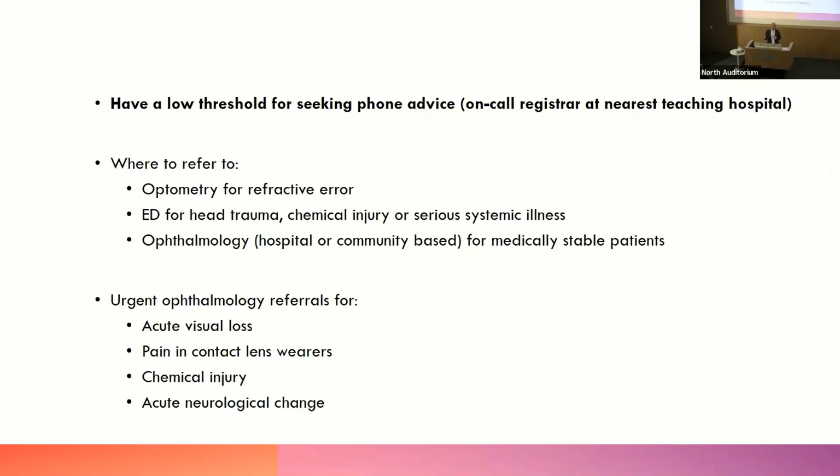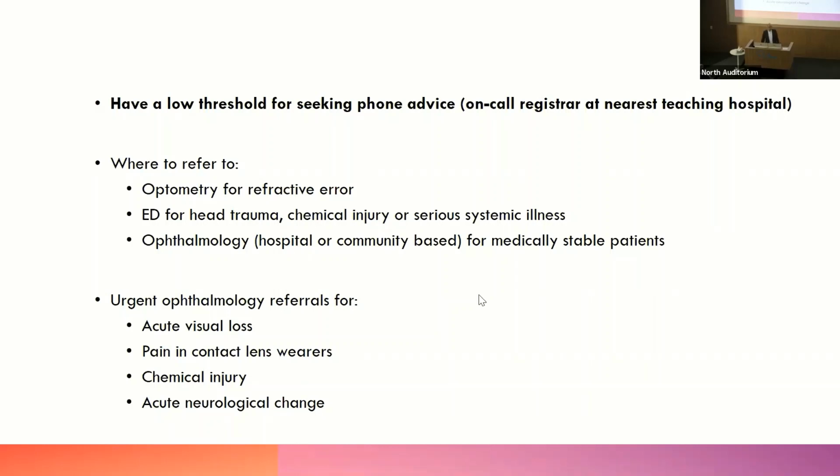So you go to an ED and usually they'll call the on-call ophthalmology reg, who will then come to ED and see the patient if the eye's involved, okay? And then ophthalmology more or less for everything else. And ophthalmology can be in the hospital or can be in the community, okay? So if you're in GP land, you'll soon enough know who your local ophthalmologists are. And if you're near a public hospital, you send them to the local eye clinic, to the ophthalmology department.